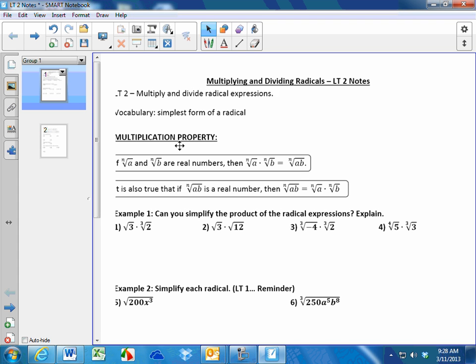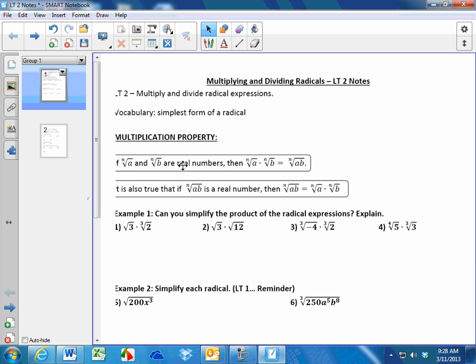So one radical. Later on, we'll talk about what's possible. But right now, if there's two square roots, try to make it one. If there's two cube roots, try to make it one, and so forth.